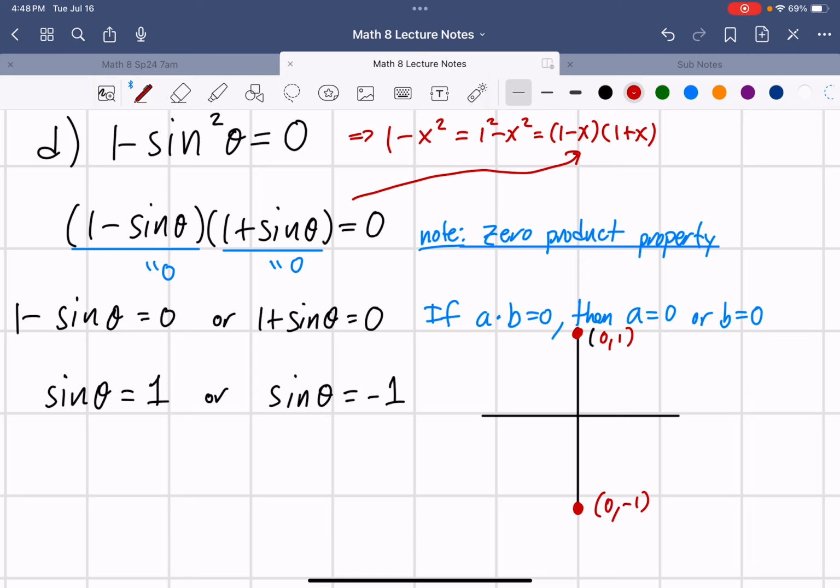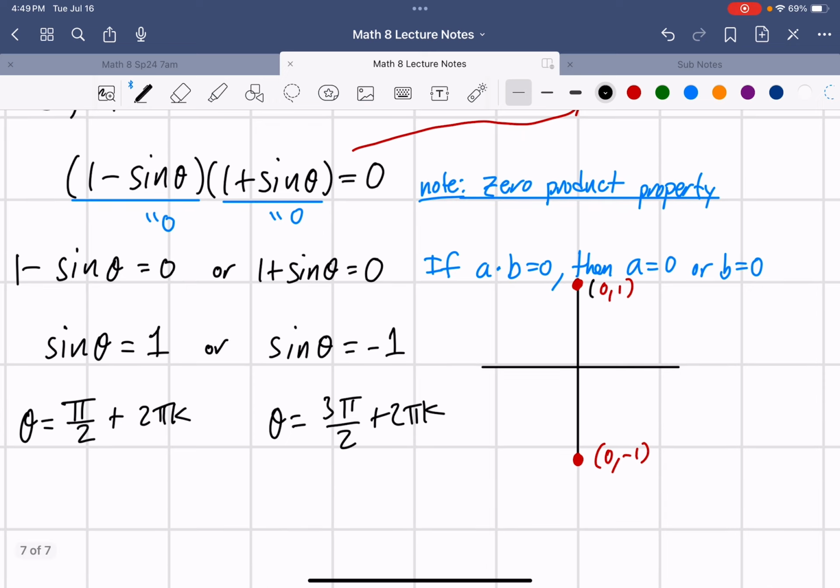Now, at first glance, your brain is probably thinking, okay, at pi over 2, and then 3 pi over 2, right? And then we become robots and start always writing plus 2 pi k, plus 2 pi k, but we're not thinking about what's happening here.